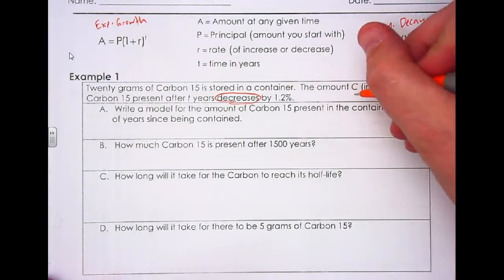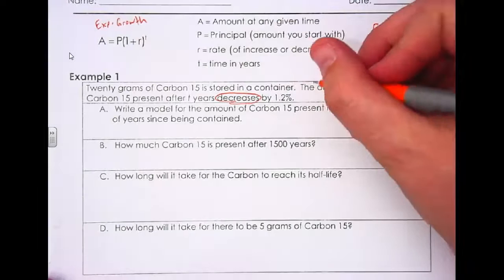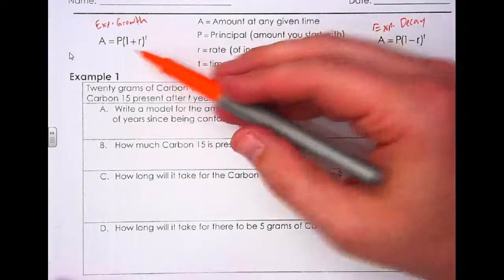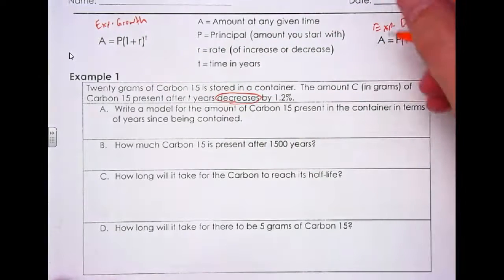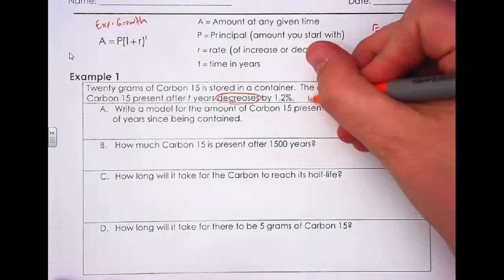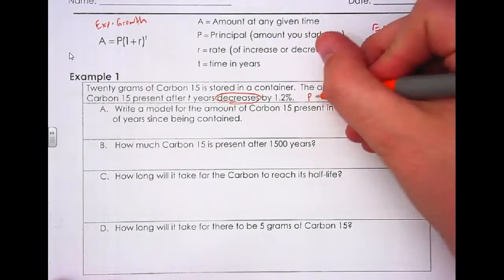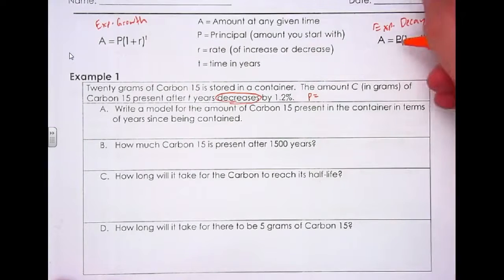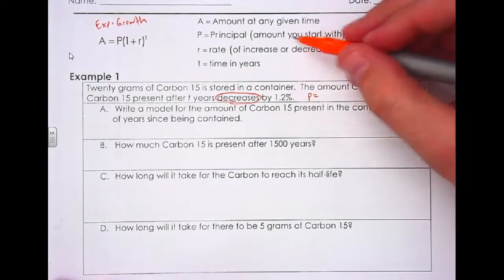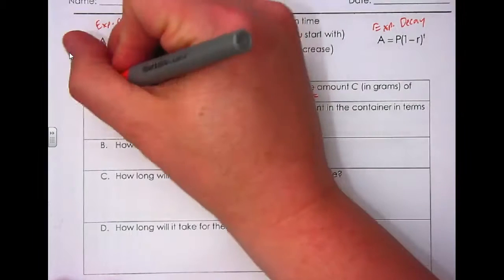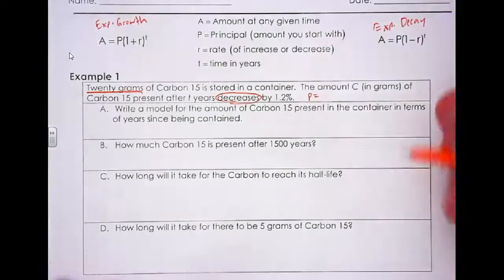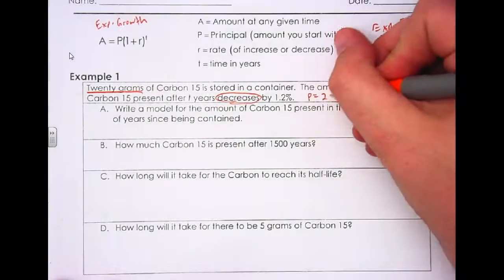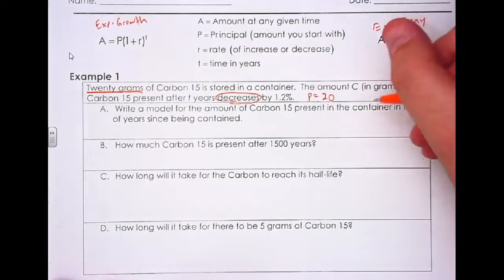Now, when we talk about our formula, we know that we're dealing with decay. Our P is given here. How many grams did we start with? What is our principal amount, our starting amount? Well, it was 20 grams. We can write that off to the side.